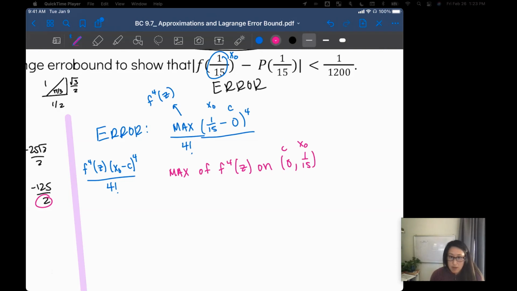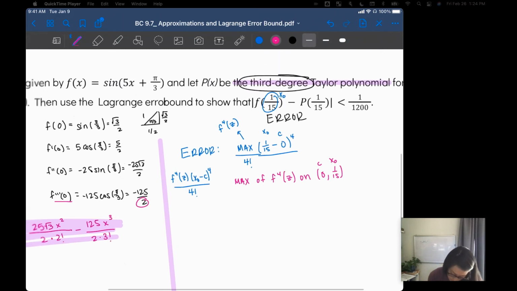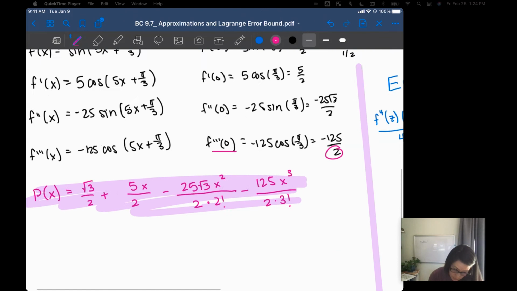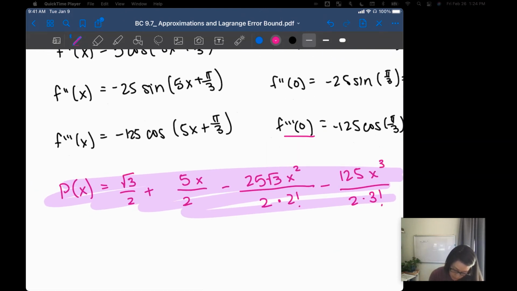So what is the max value of the fourth derivative of f? Let's go ahead and take the fourth derivative of f. So the third derivative was negative 125. So the fourth derivative of f evaluated at x would be positive 625 times the sine of 5x plus pi over 3.